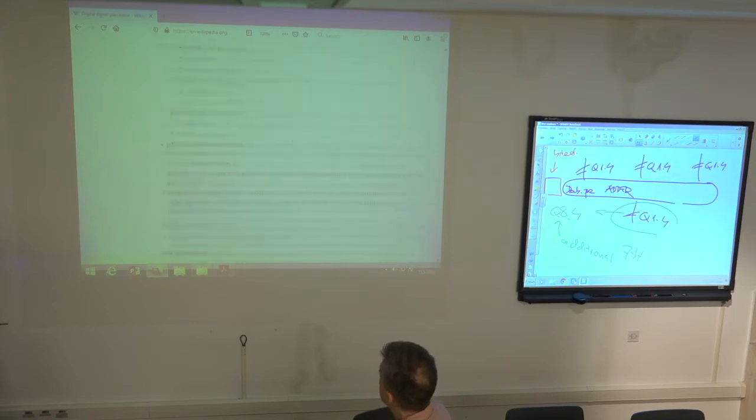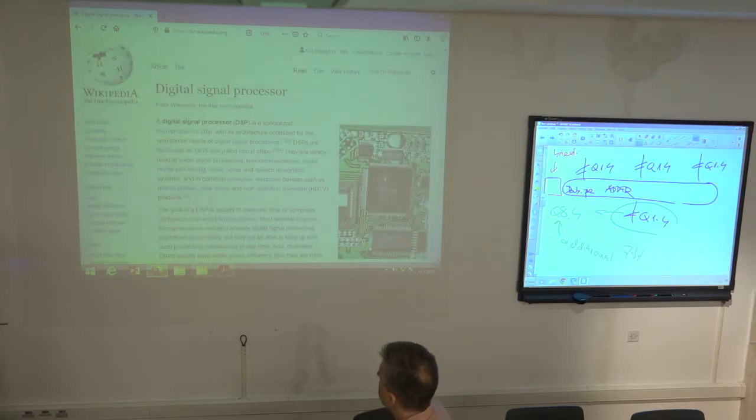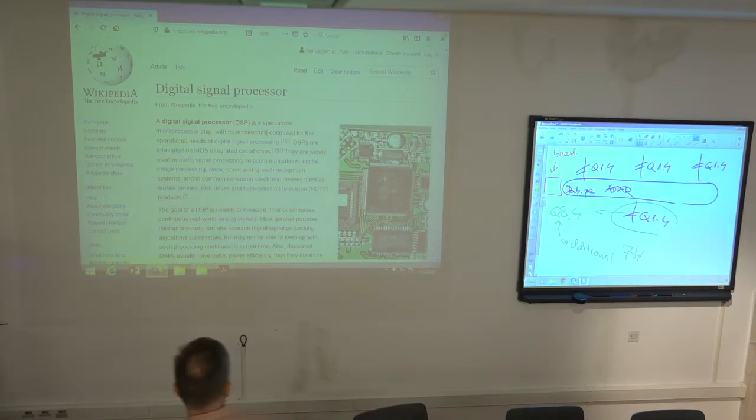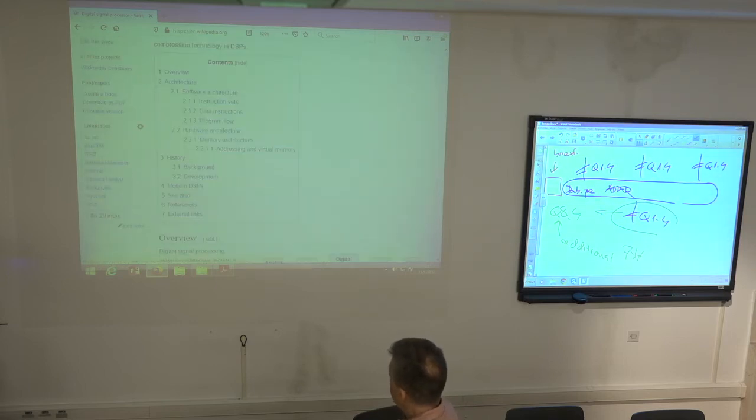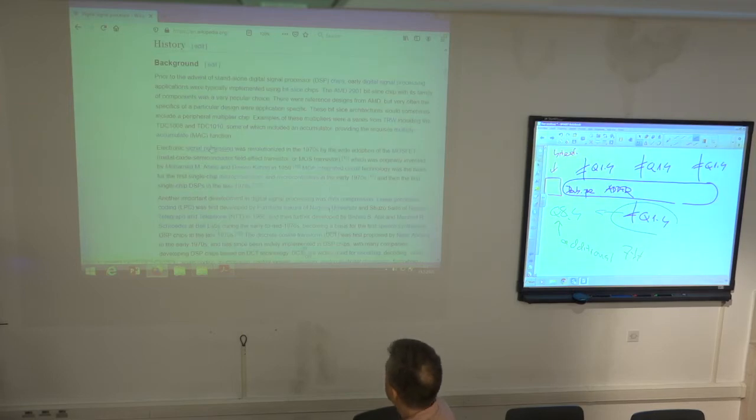If I type in digital signal processor Wikipedia, you get a nice article about the history of these DSPs, how they started. This history part is here, in the third section. It says here that it all started from the so-called bit slice chips.